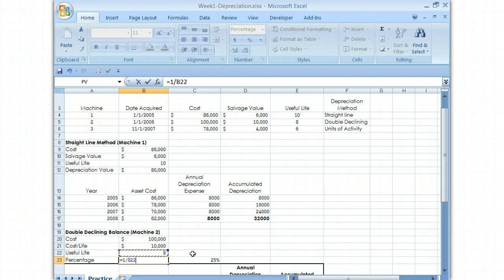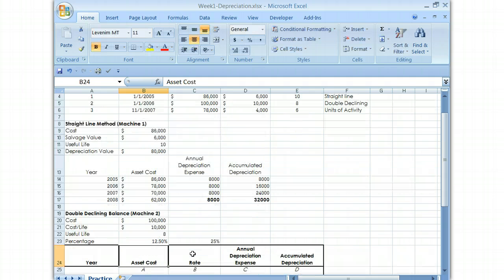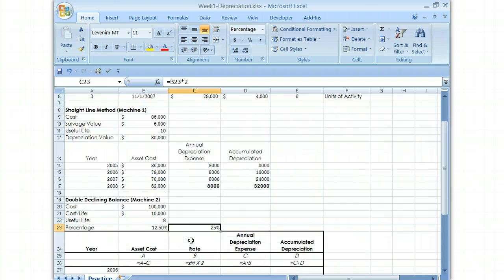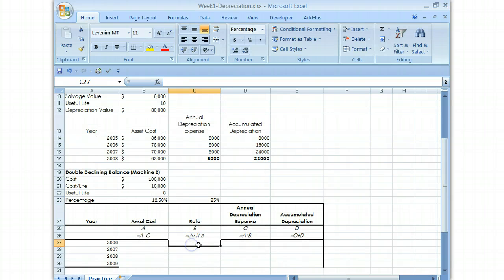So if you do 1 divided by the number of years in the useful life, that's going to give you a percentage. And then what we want to do is double that percentage. So whatever percentage you get, we're going to multiply that by 2, and that gives us the rate that we're going to use in order to calculate.